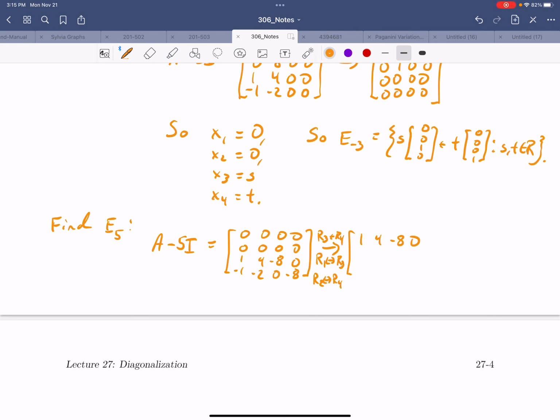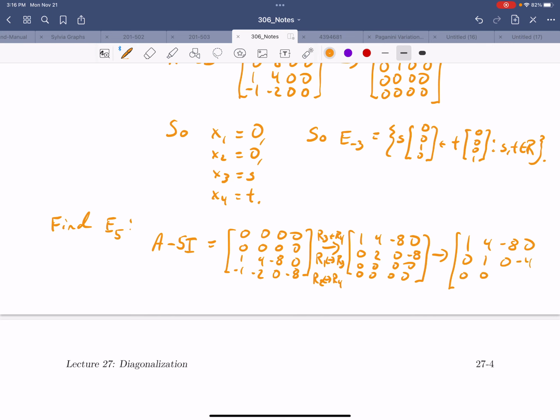So we'll have here 0, 2, 0, negative 8. And I think we see that this is then going to reduce to 1, 4, negative 8, 0, 0, 1, 0, negative 4. These are going to be a bunch of zeros here.